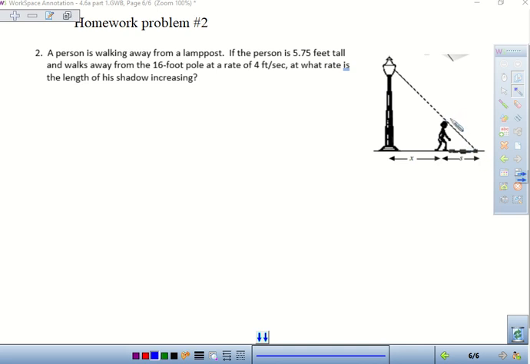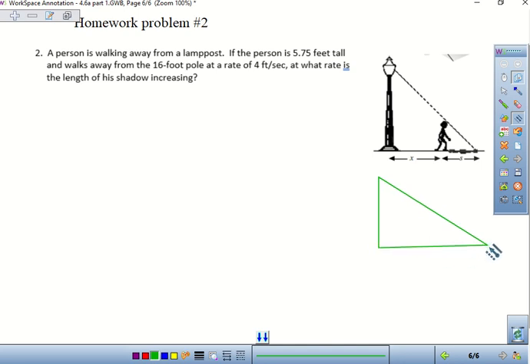Now, with this problem, I'm actually going to draw 2 separate triangles. So I'm going to do the big triangle and the little triangle. I just find it easier to separate to understand everything. So this is the big triangle right here. With the big triangle, we have the lamp post. Is the lamp post's height ever going to change?